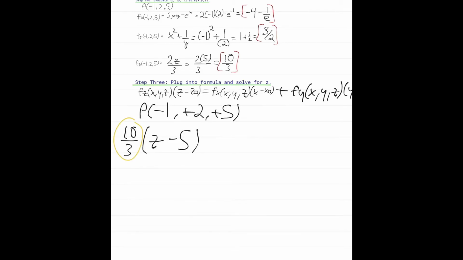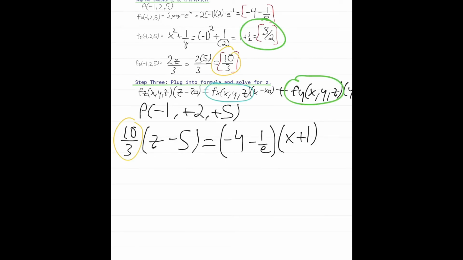And the partial evaluated at x, y, z is 10/3. And this is equal to the partial evaluated at x, which is -4 minus 1/e, times x minus x naught, so x minus -1, which would be x plus 1.